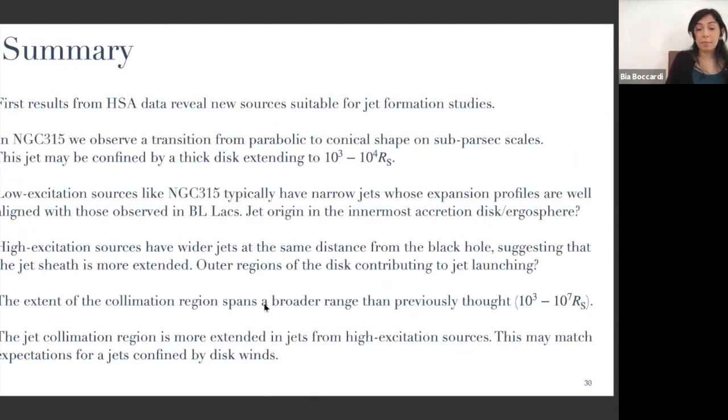So this is my summary. I would say that our first results on these observations are encouraging. We're going to have many more sources available for jet formation study.